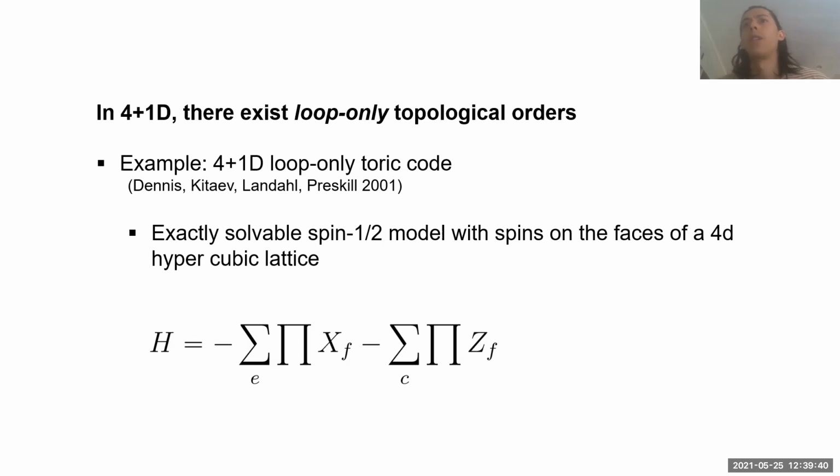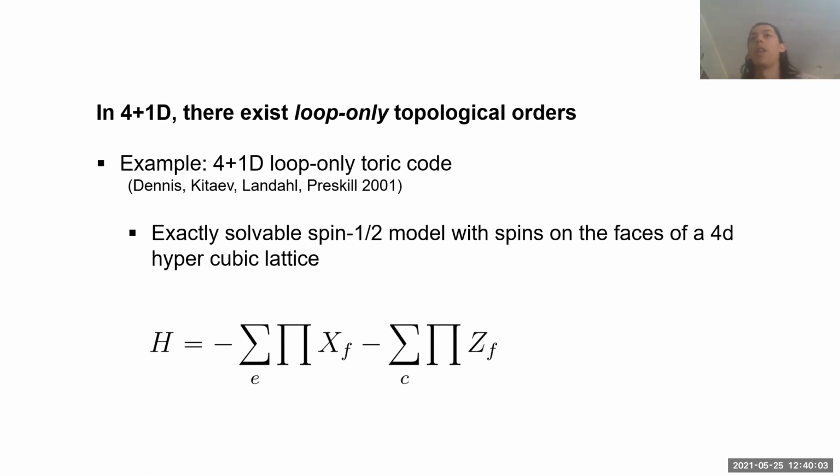So the simplest example of a loop-only topological order is the 4D loop-only toric code, which was introduced by these authors 20 years ago. And this model is essentially the topological order that I'll be discussing in this talk today.